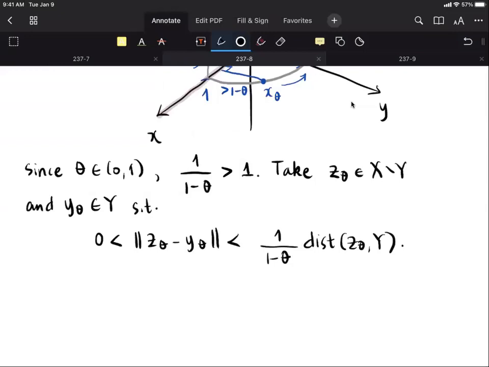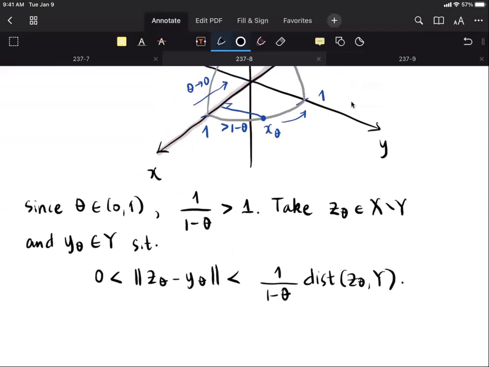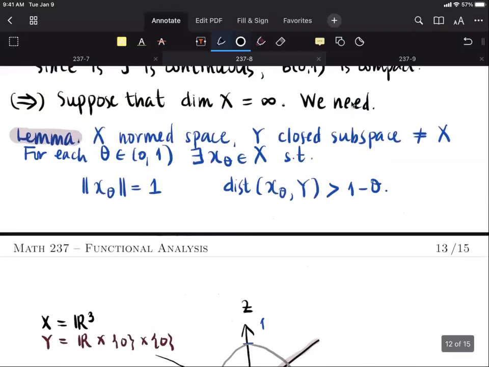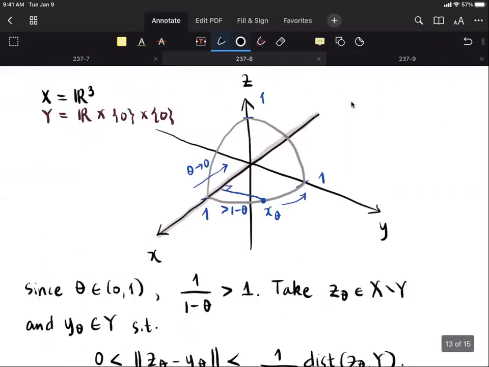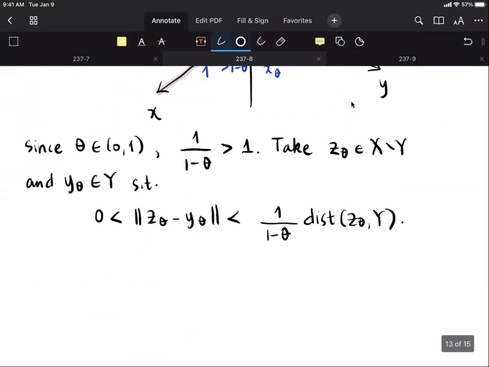And it is clear that we can take a z theta in X which is not in Y, due to our assumption that Y is not equal to X. And since z theta is not in Y and y theta is in Y, the distance between these two points must be positive. They must be distinct.